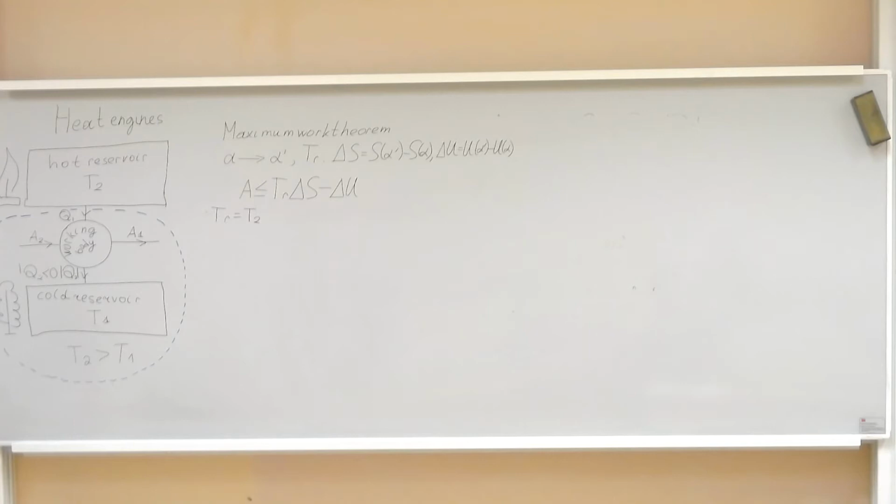Maybe we can take the average temperature of the working body, but it can be not in equilibrium at each moment of the process. If the engine works with finite velocity, not quasi-statically, we do not have constant temperature, constant pressure, and so on. That's why I do not want to specify the change of the state of the working body at first. Then we will talk about the process, but a little bit later.